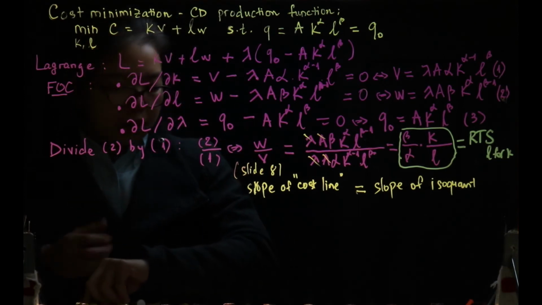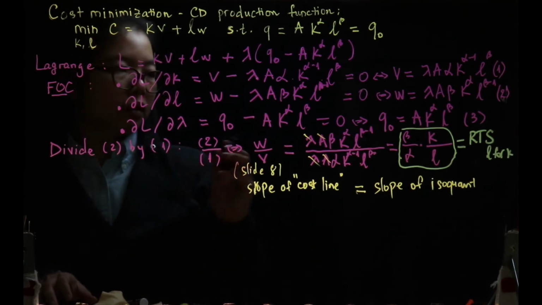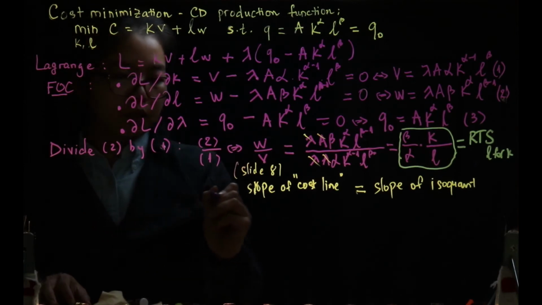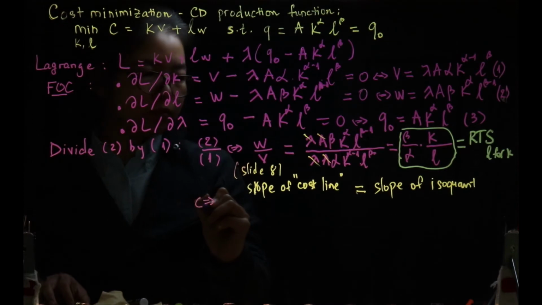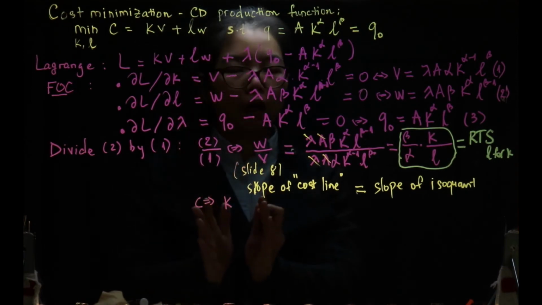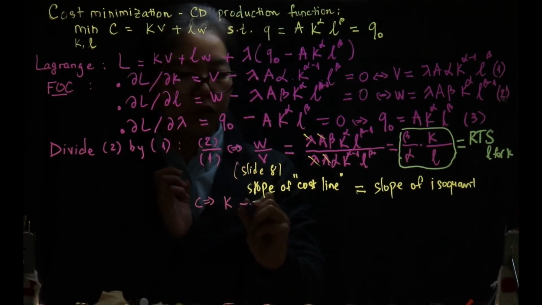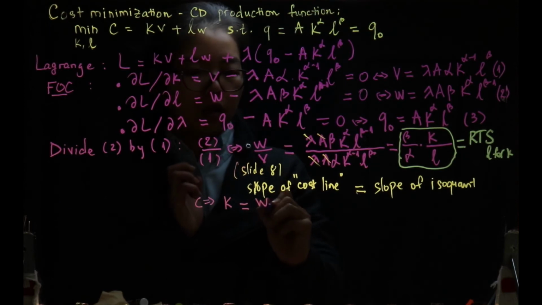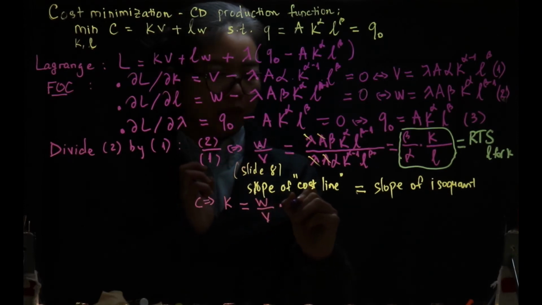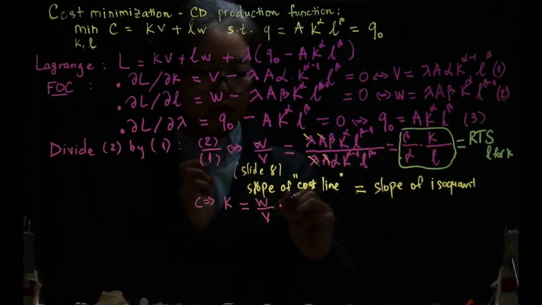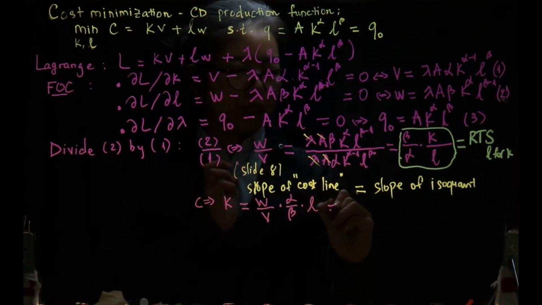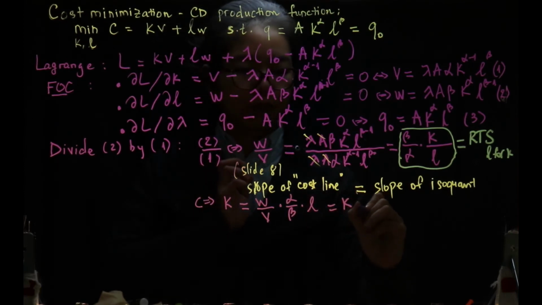Now let's move further. We have this already, and we can rearrange it: just cross multiply everything and keep K alone on one side, equals W over V times, cross multiplying beta over alpha so it becomes alpha over beta on the other side, times L equals K, right?